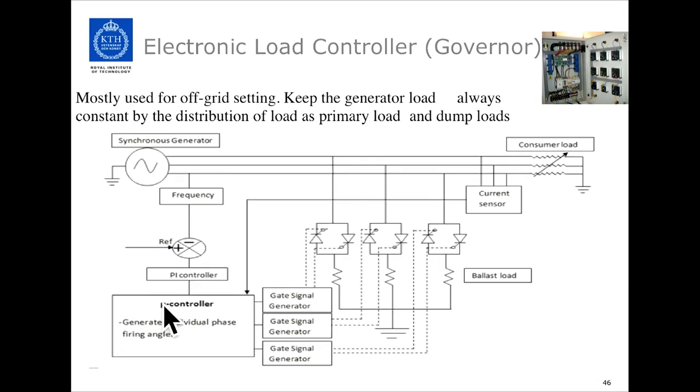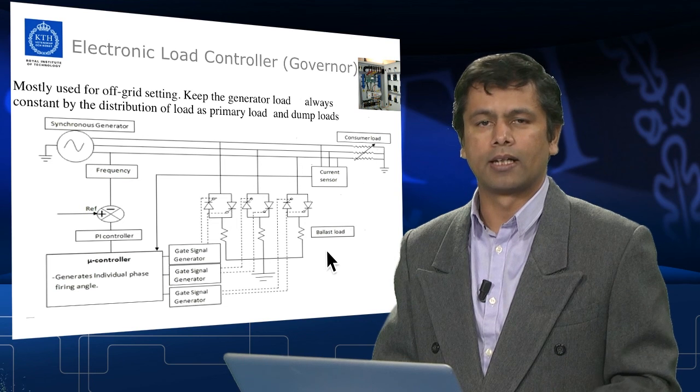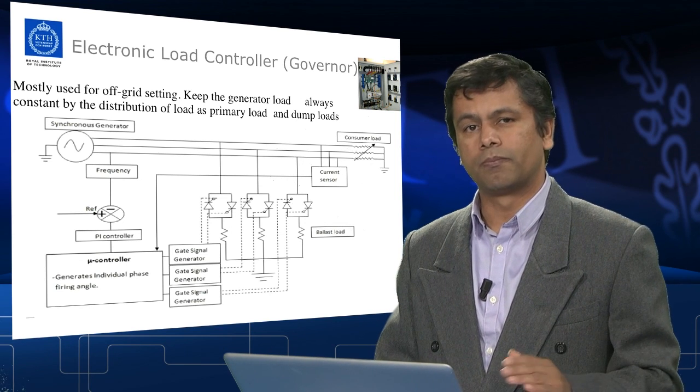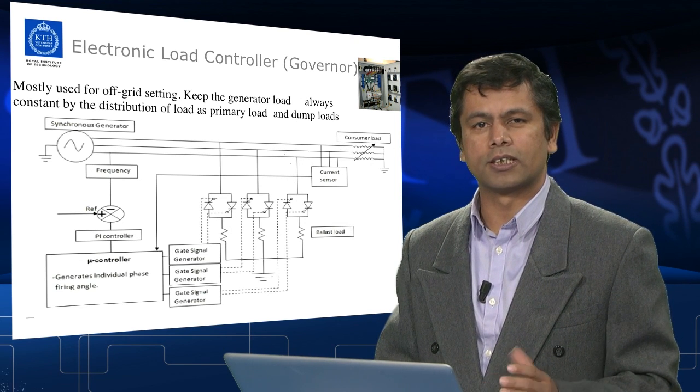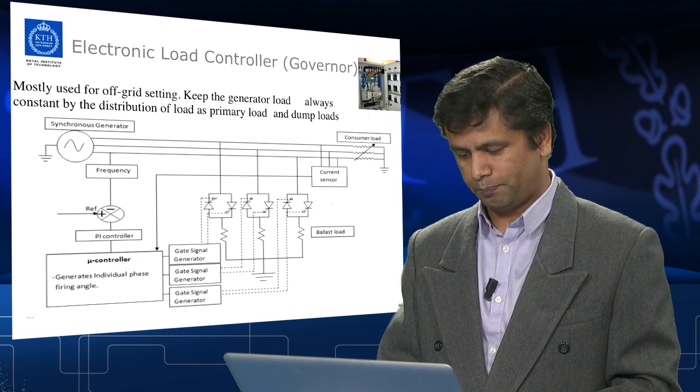And if the load is high, if people start using the load, let's say in the evening time, then some of the load that had been diverted towards the ballast load is controlled, and the system output is always maintained as constant for the generator.